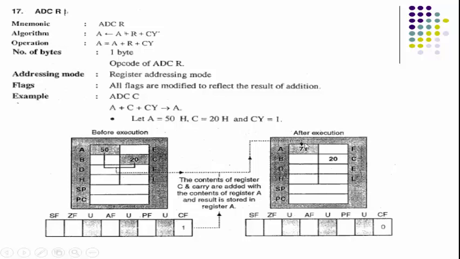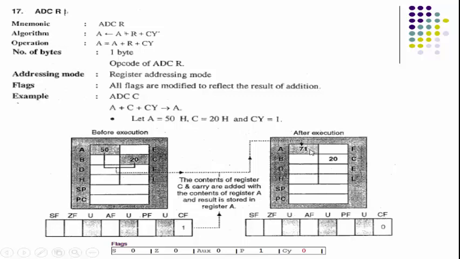71 hex in the accumulator. So the accumulator content gets overwritten with the addition result, that is this 50 hex gets overwritten with the addition result, and the C register content is maintained as it is, and carry flag bit is 0. This is the status of the flag bits after the execution. Sign flag bit is 0, zero flag is 0, auxiliary carry flag is 0, parity flag bit is 1, because in the result you will find 4 logic 1s.